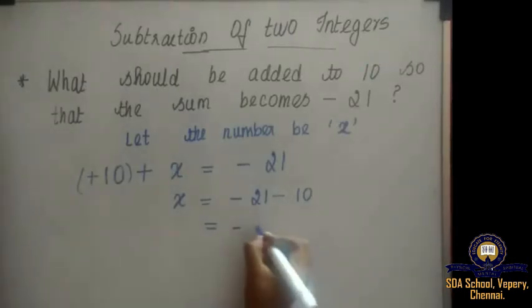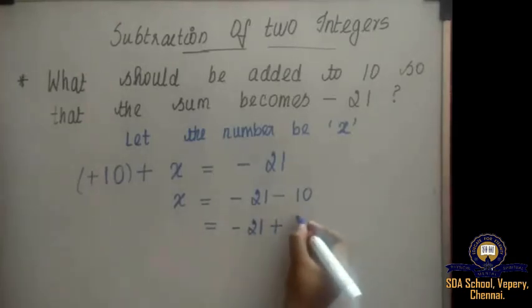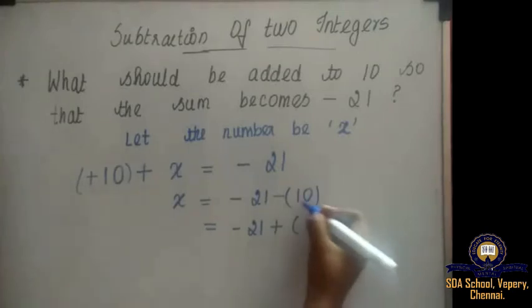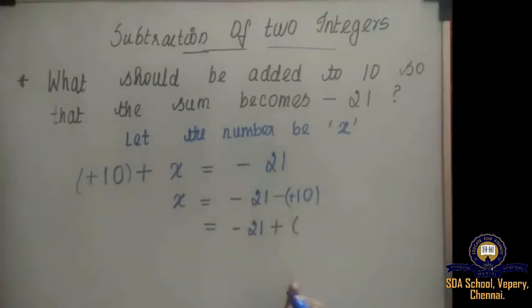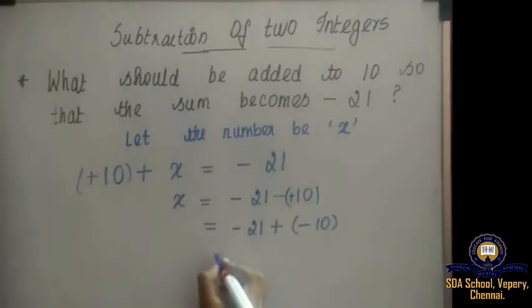So minus 21 plus, you have to find the opposite sign of the second integer. So when you take this, it is plus. So what is the opposite sign of plus? It is minus, right? So minus 10.